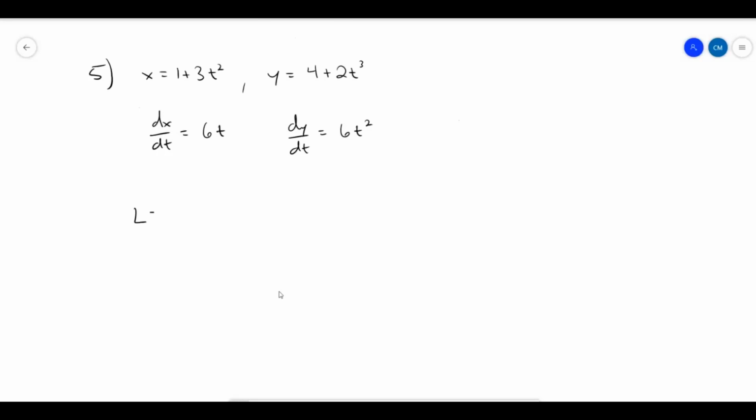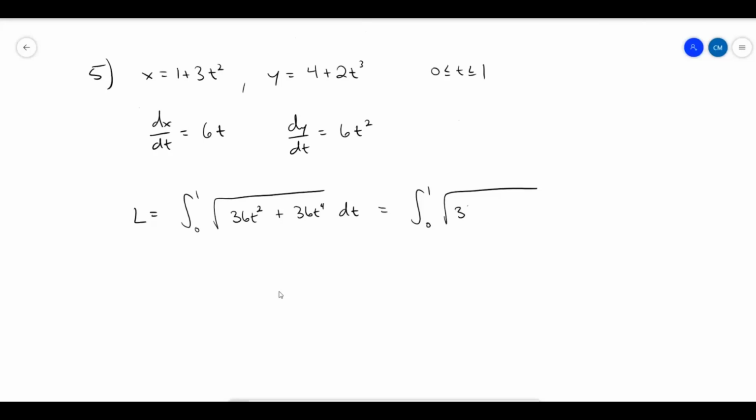According to our formula, the arc length is the integral from 0 to 1 of the square root of dx/dt squared, so that's 36t squared, plus dy/dt squared, that's 36t to the fourth. To evaluate this, we can notice that in that radical, we can factor out a 36t squared, and that leaves you 1 plus t squared.